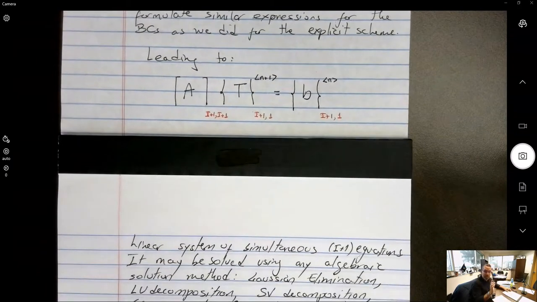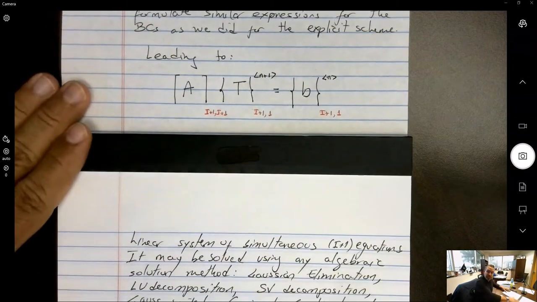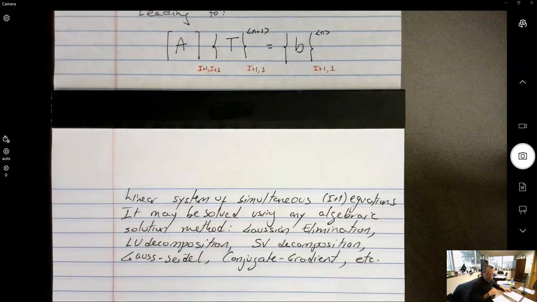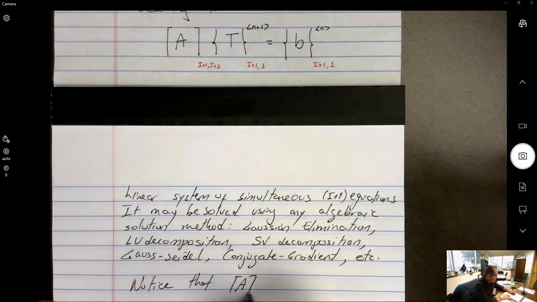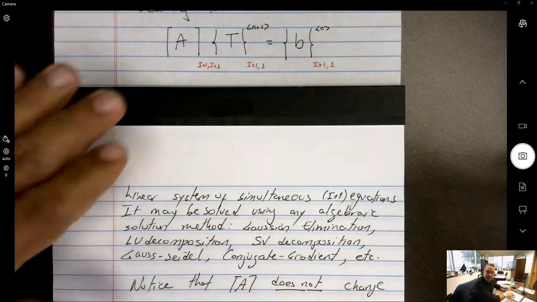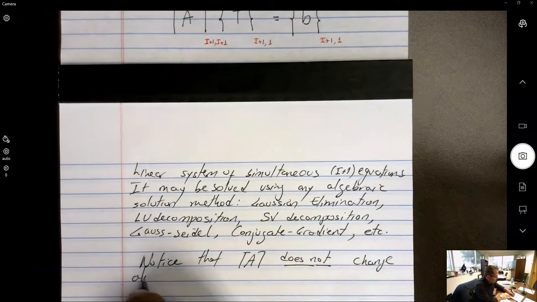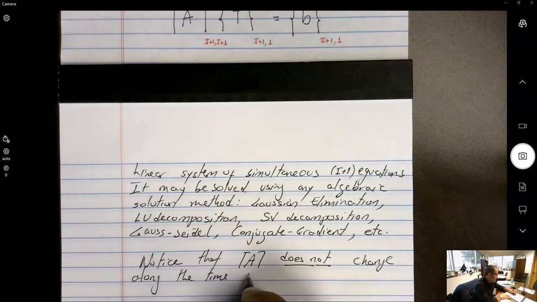Not the boundary condition value, but the boundary condition type doesn't change in time, so the matrix A doesn't change. So notice that the coefficient matrix A does not change along the time progression or iterations.